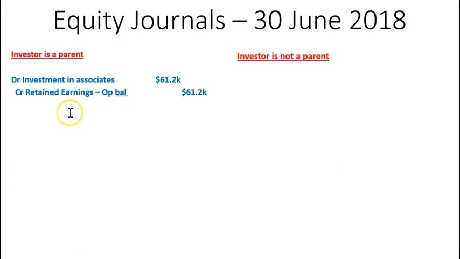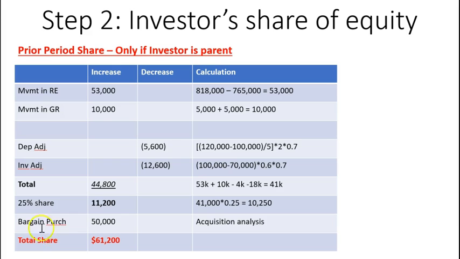So what we do, we debit investment in the associate by this amount because we want to increase our investment asset to reflect the fact that we've actually received more equity from the operations of our associate. Now we're crediting retained earnings opening balance because our share here is profit.